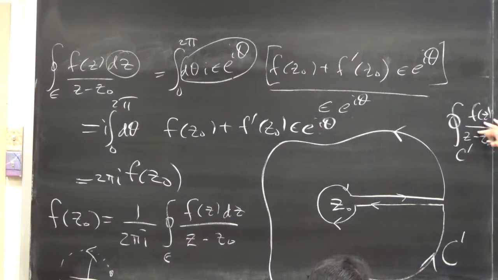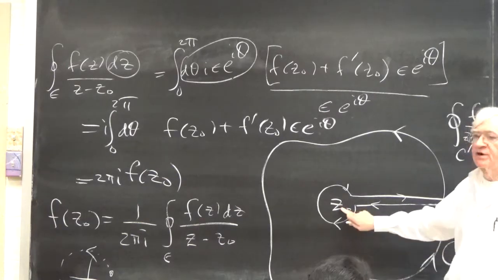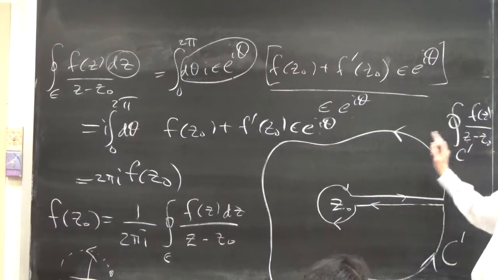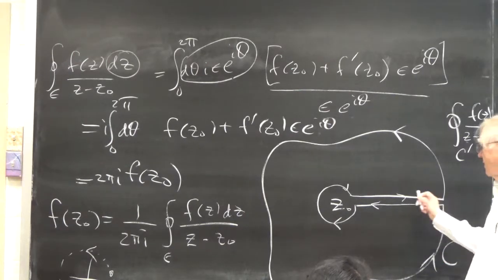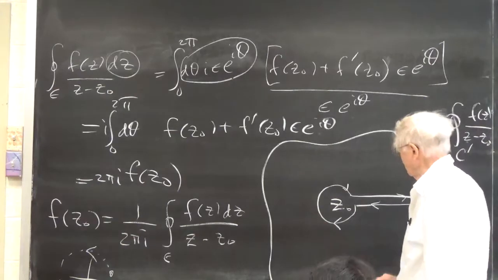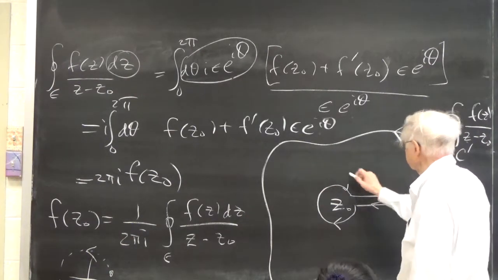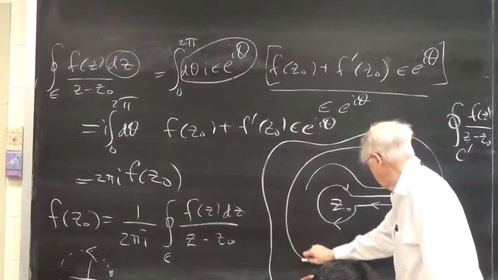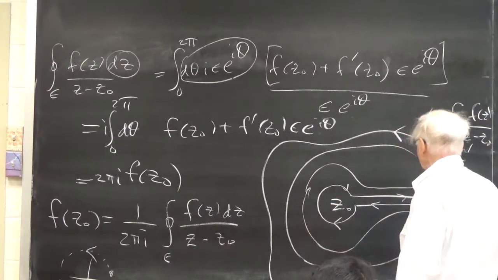Now, this function is analytic everywhere inside this profane region, apart from the point z0, because it's singular at z0. So everywhere else, analytic. So what we can do is gradually deform this thing so that it looks, for example, like this in one deformation.